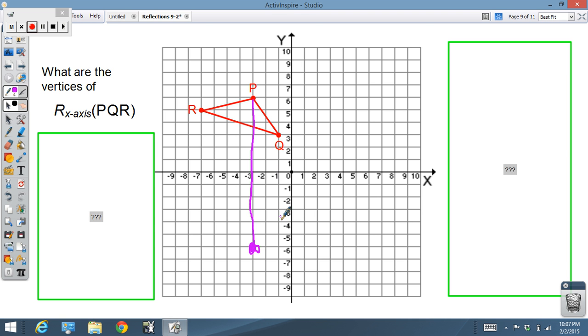Same thing on Q. Q prime will be right here. There's Q prime, P prime. R prime is up 5, so it's got to go across the x-axis, down 5, and we end up with, let me clear those annotations.